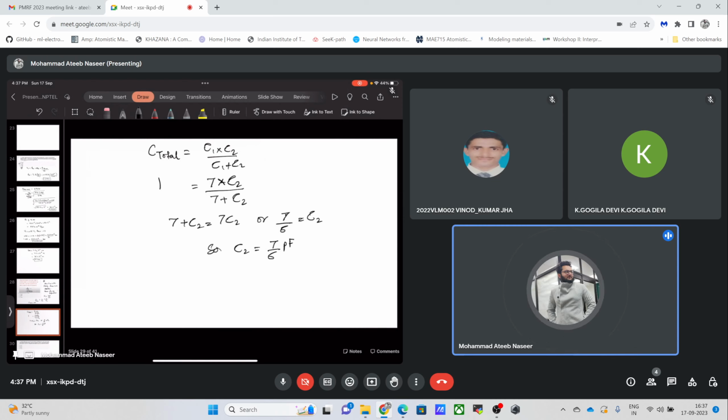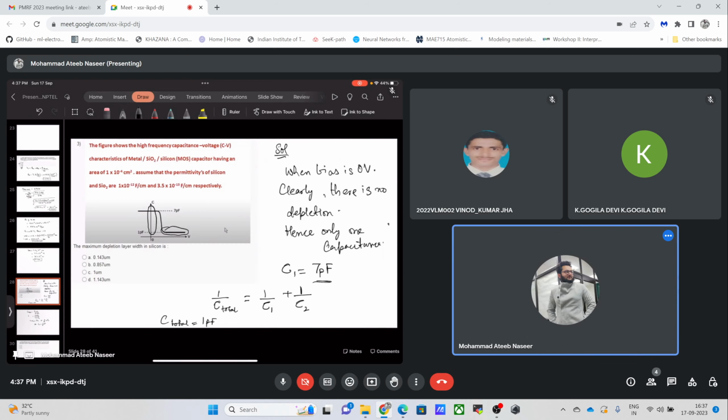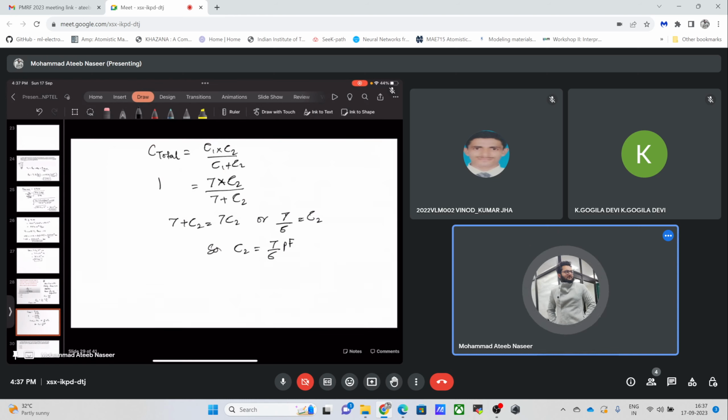Now we can find what we are required to find. We have to find the maximum depletion width in this silicon. We know any capacitance is simply given by epsilon naught A by d.